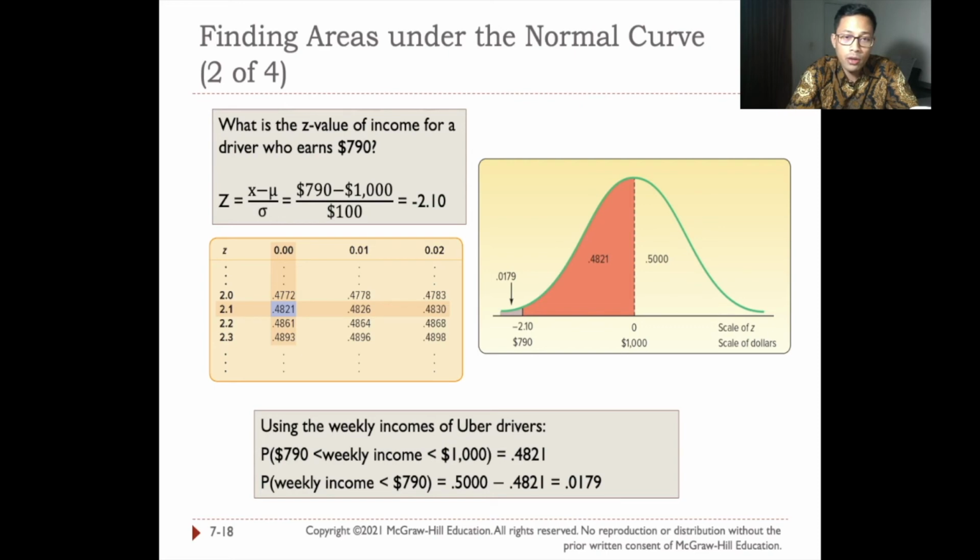But you may also be interested in the probability of a really bad week and obtaining income below 790.